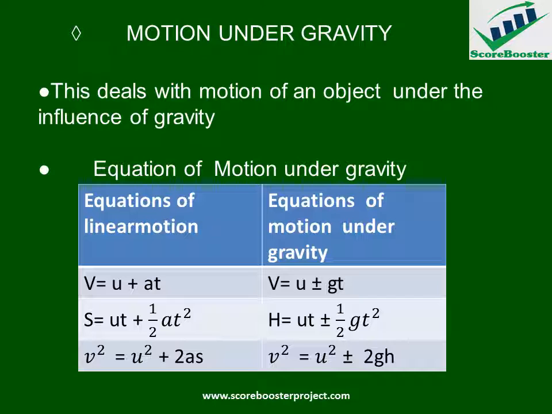Similarly, from s equals ut plus half at square, we can get the equation for the motion under gravity by replacing s with h and a with g, and that will give us h equals ut plus or minus half gt square. And lastly, from the equation that says v square equals u square plus 2as, we can derive the equation for motion under gravity by replacing a with g, and that will give us v square equals u square plus or minus 2gh.